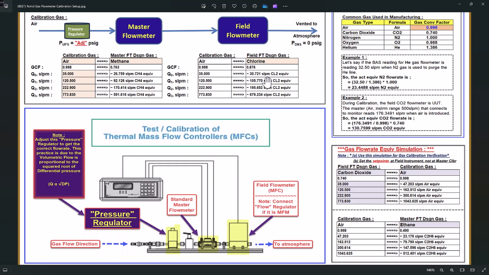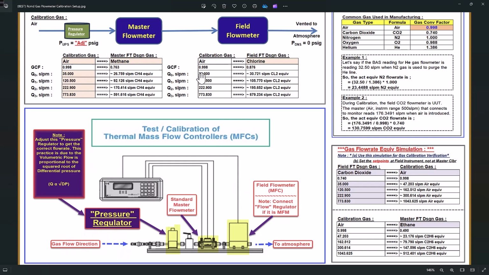So for example, if I introduce 35 standardized liter per minute, SLPM, of air into the pipeline, the equivalent chlorine gas flow rate measured by the fuel flow meter will be around 30.721.